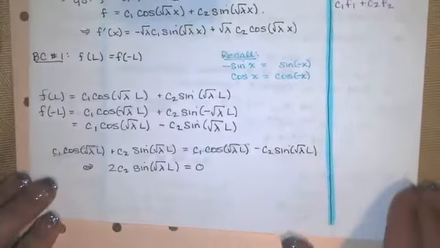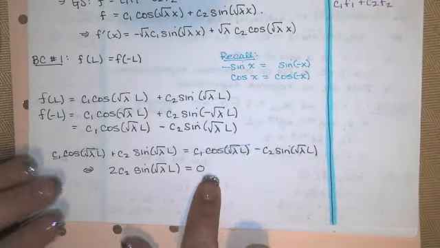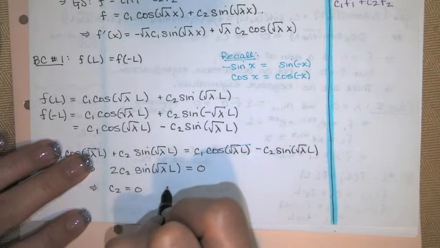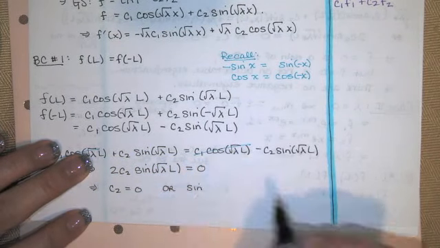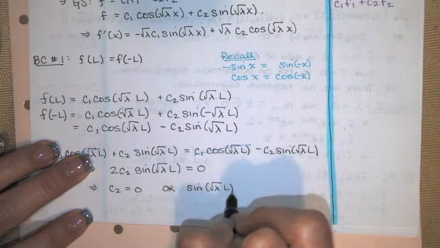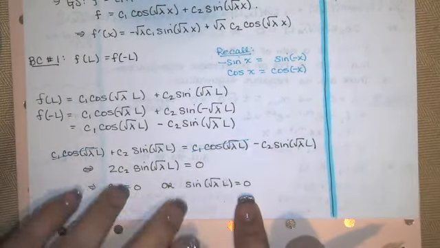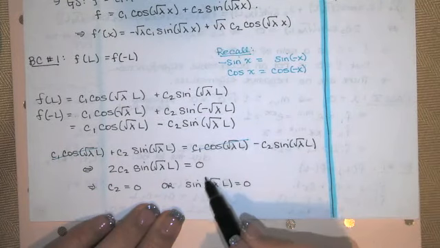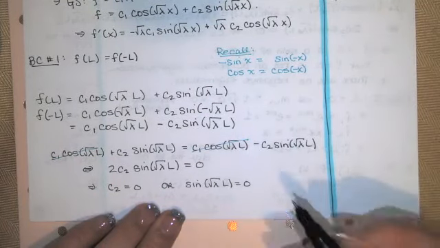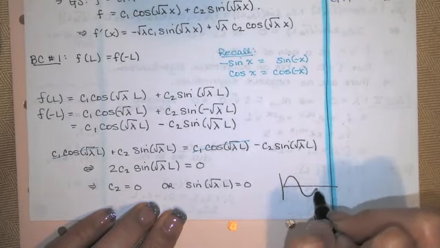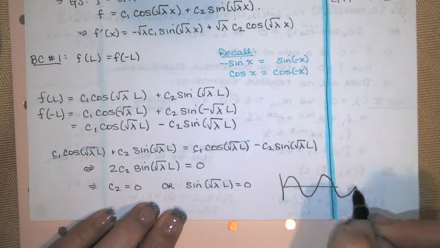Now this is a product. I've got this times this equals 0. And that means either C2 equals 0 or sine of the square root of lambda L equals 0. Now the sine of square root of lambda L equals 0 whenever what's inside the sine function is a multiple of pi, because we remember that sine looks like this.